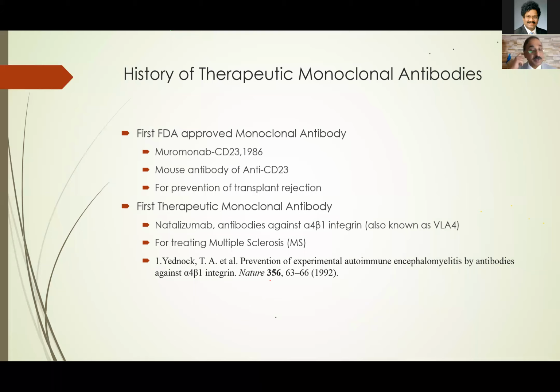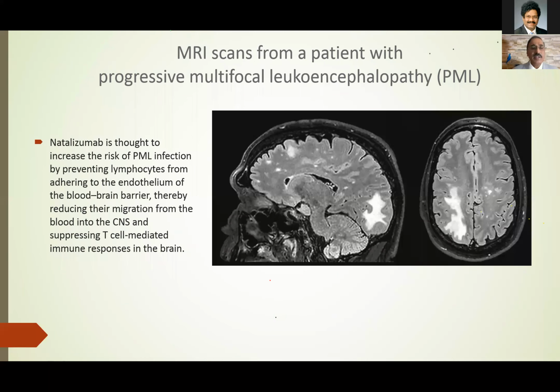This is the paper that was published in 1992. What resulted there in these patients is that a few patients developed progressive multifocal leukoencephalopathy, which is a very lethal disease. It causes demyelination of the tissue, which later was found to be a viral infection.